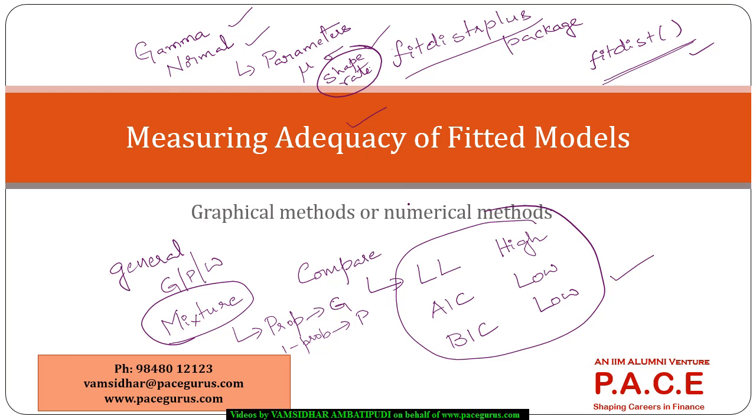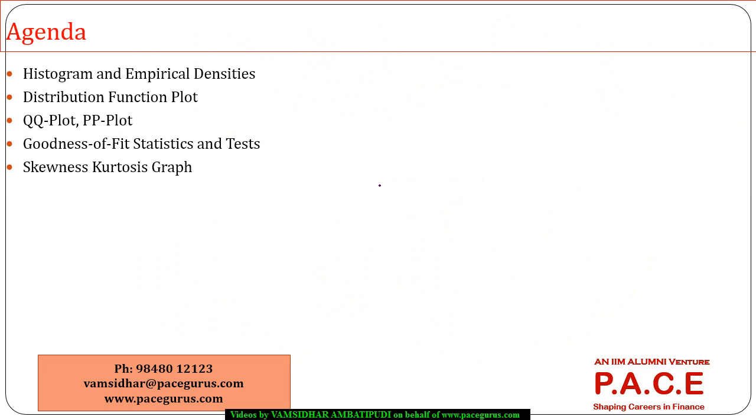What is the adequacy of the model that we have chosen for this particular data set? There are different kinds of mechanisms that we have, so we can try out different ways in which we have fitted the data, and then try out which one is more adequate for our data. So let's go ahead with it.